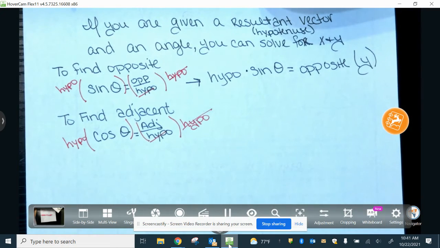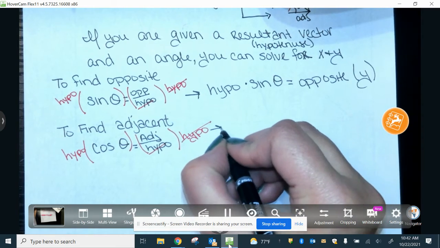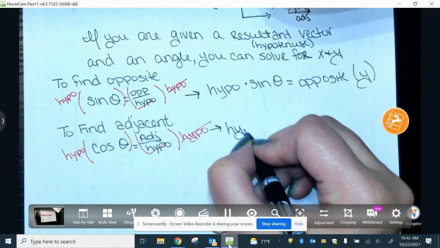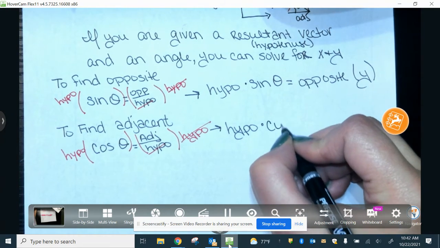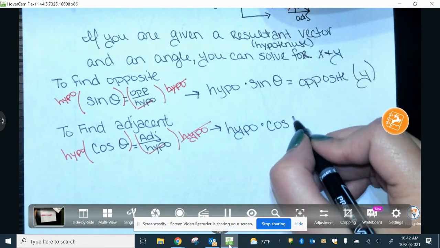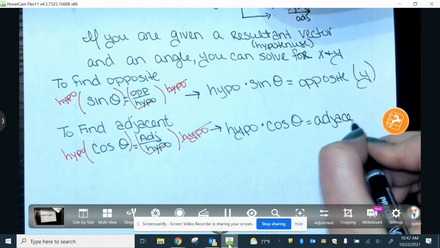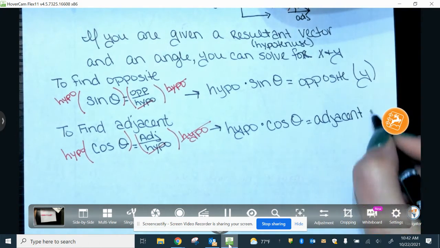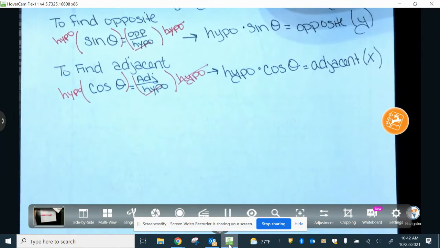These two cancel out. I'm left with the hypotenuse times the cosine of theta is equal to the adjacent, which in the majority of physics problems is going to be your x component.